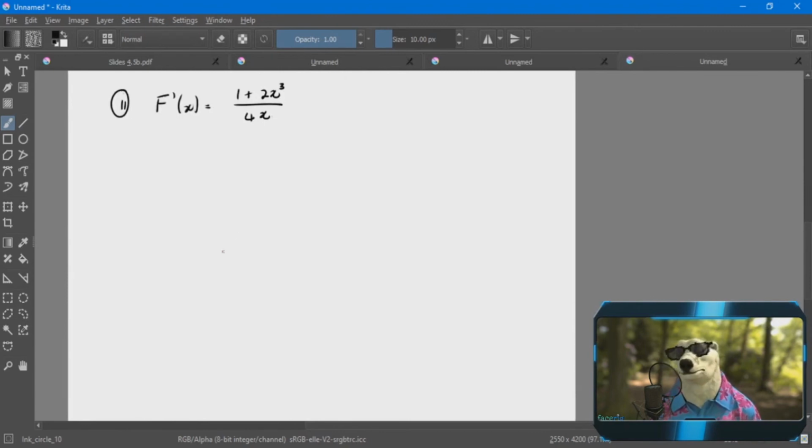All right, again, you are welcome to try and reverse engineer the quotient rule. It will not go well at all, which means I need to do something else. I need to see how I can simplify this. Well, this is 1 over 4x plus 2x cubed over 4x. I can simplify that further to 1 over 4 times x to the negative 1, plus 1/2 x squared.